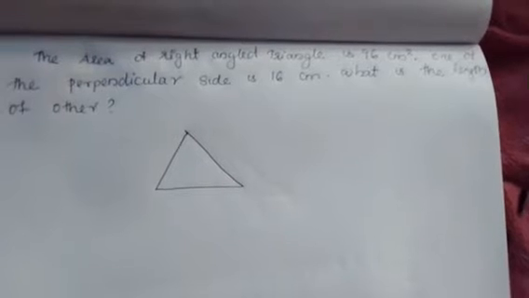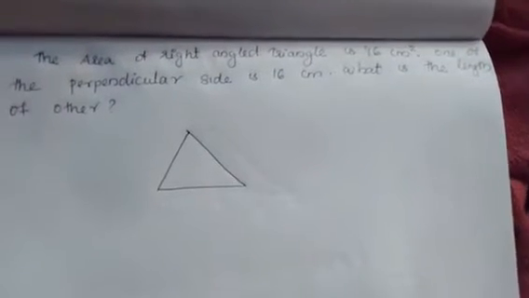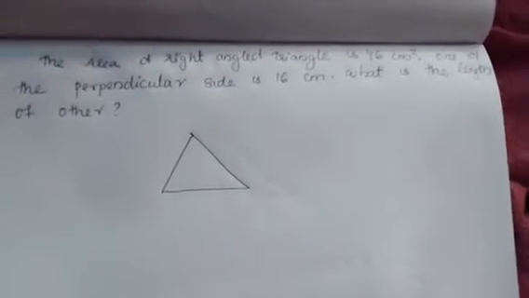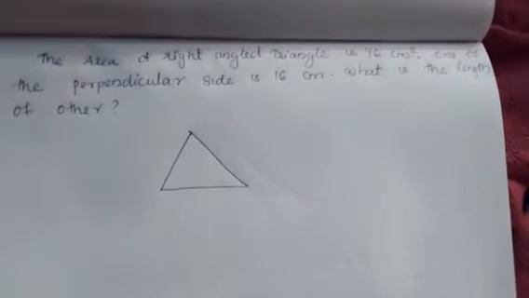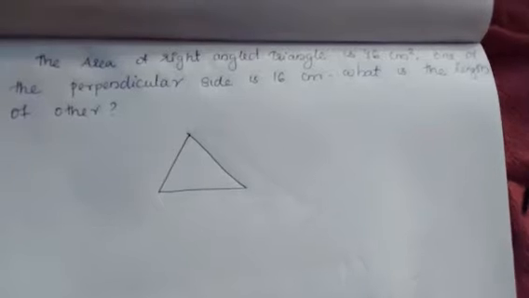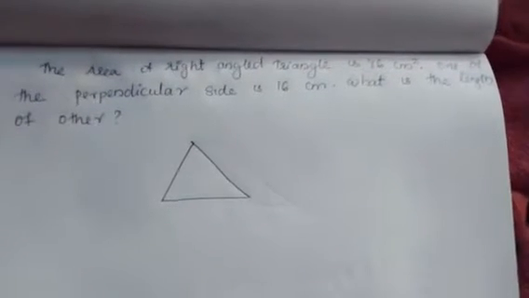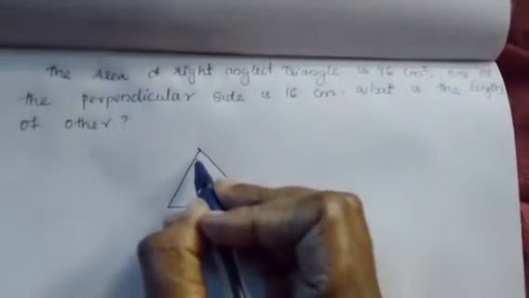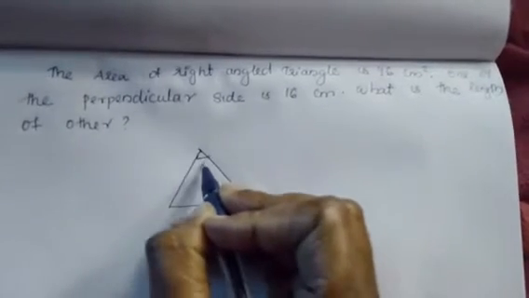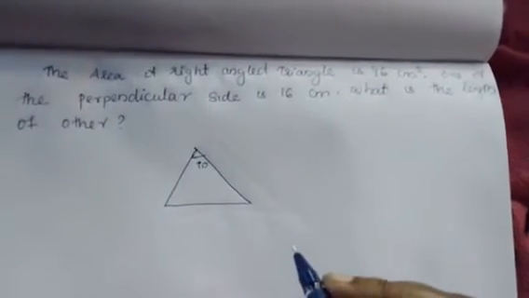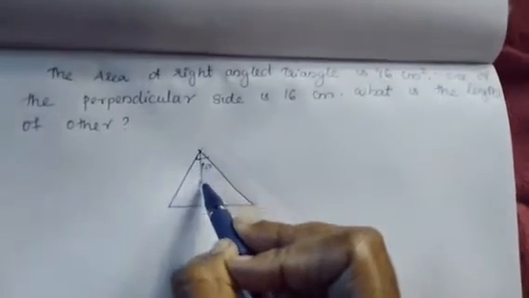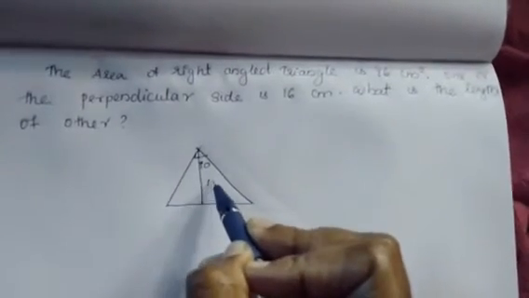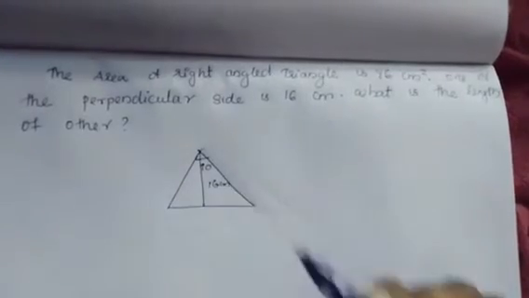This is my question. The area of a right-angled triangle is 96 centimeters square. One of the perpendicular sides is 16 centimeters. What is the length of the other? It's a right-angled triangle, maybe 90 degrees, and the perpendicular side is 16 centimeters.